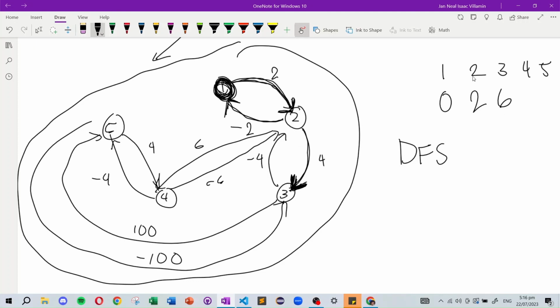So 3 to 2, 2 has a distance of 2, so that's okay. And then let's move towards the other vertices. For example, this one. From 2 to 4, it must have a distance of 6, so 4 must now have a weight of 8.